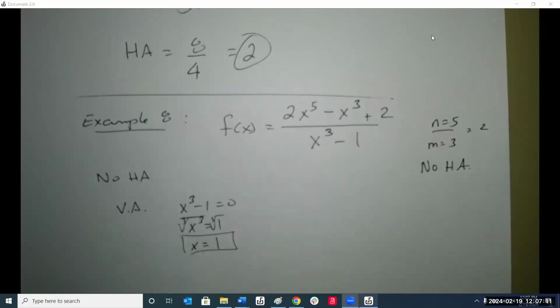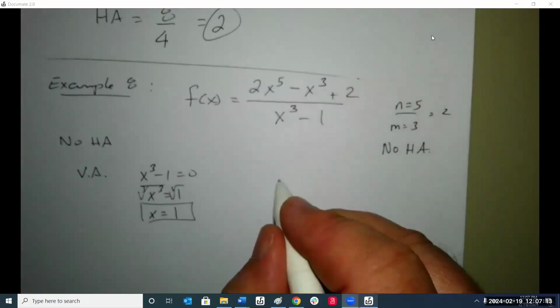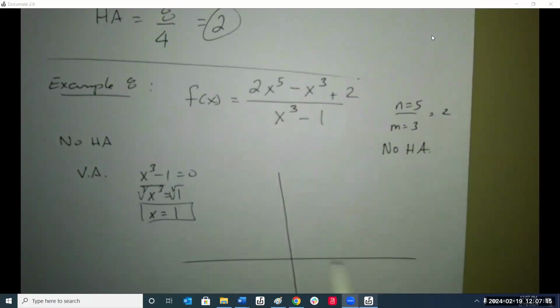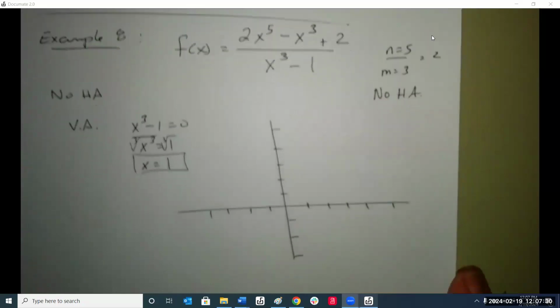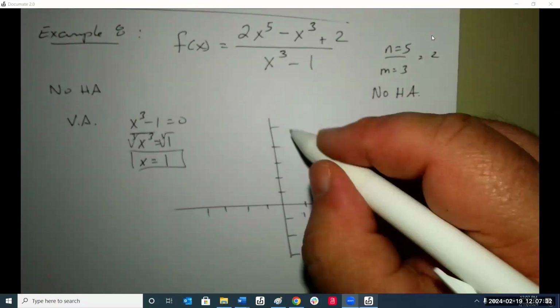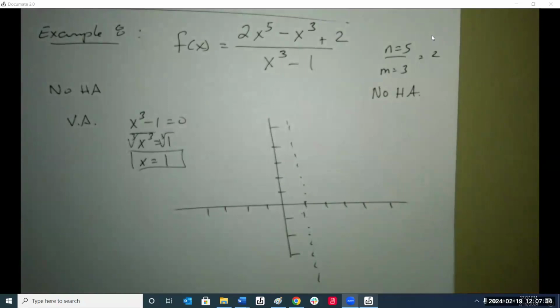So the vertical asymptote is at 1. The line cannot cross that. We have no horizontal asymptote.